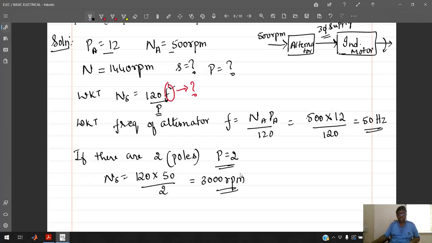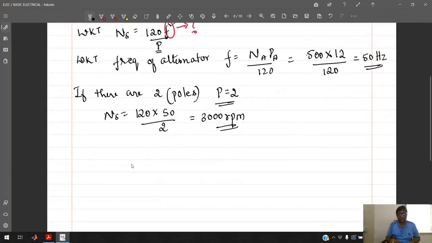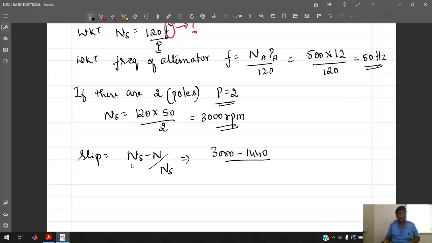Now with this Ns, if you're calculating the slip, slip will be equal to Ns minus N divided by Ns, that is 3000 minus 1440 divided by 3000. So roughly you are going to get 0.52 or 52%.